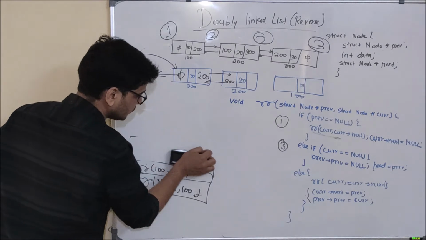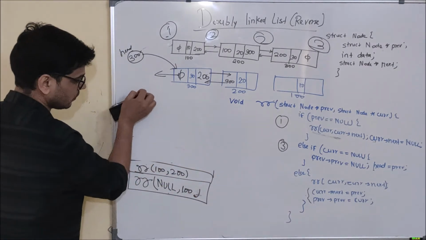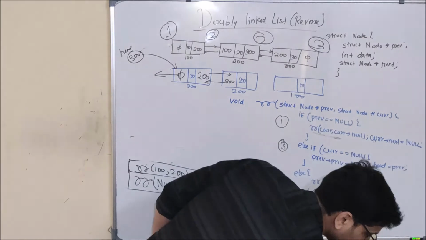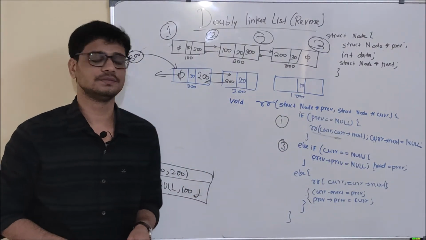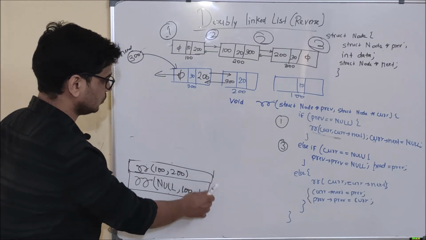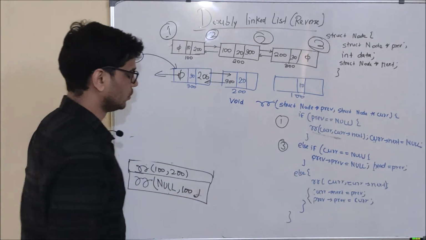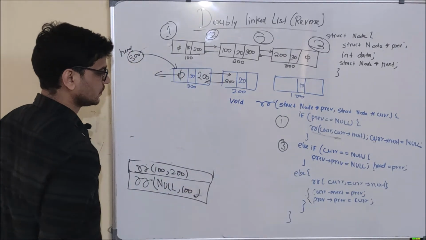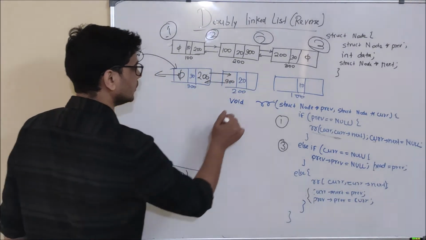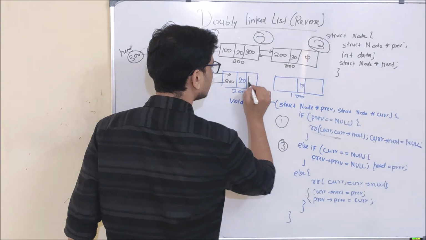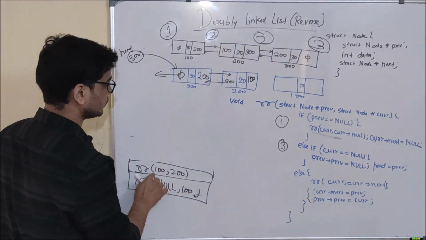And once this is done, this function will go from stack, function call stack, and again control will come back to this particular function. And what this particular function will do? Will execute these two lines once more for this particular function. That is current dot next equal to previous, and current is 200. So current dot next equal to previous, and previous is equal to 100 for this particular function.